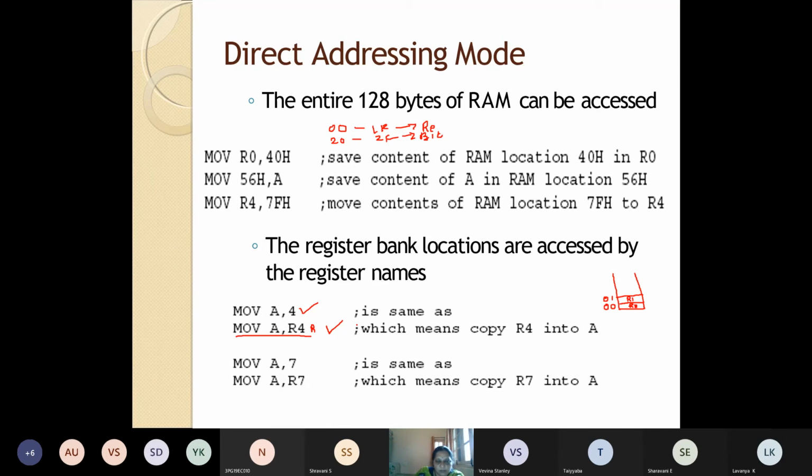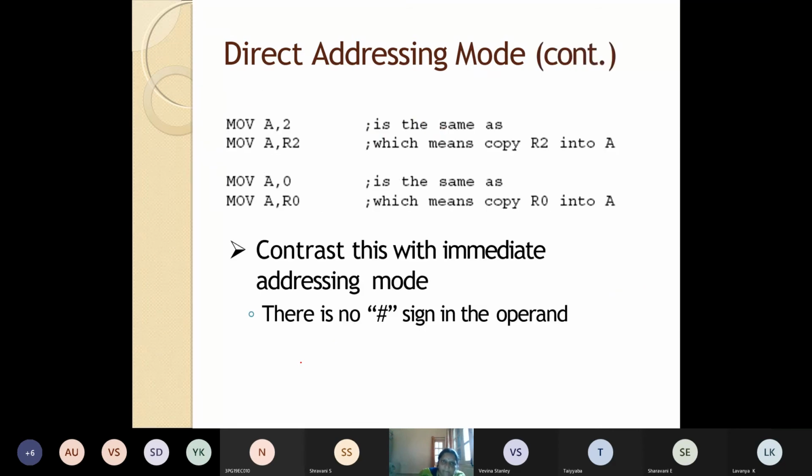All the direct addresses can be specified in the instruction. Like this, instead of R4 you can say 4, instead of R7 you can say 7. All the bytes of the internal RAM area from 00 to 7F can be accessed using the direct addressing mode.